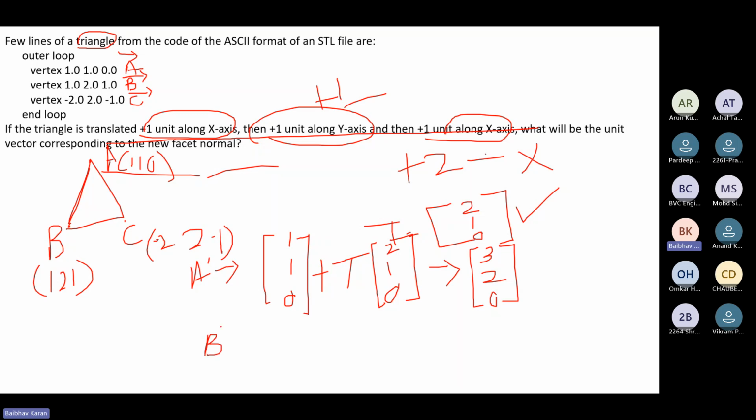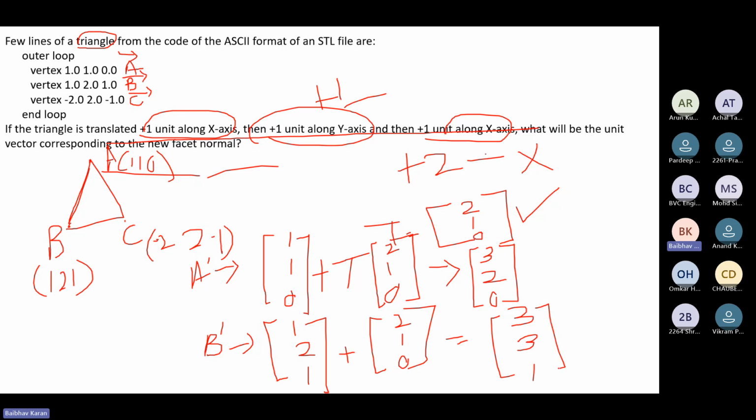Similarly for B, the new point will be B dash. It is 1, 2, 1 plus the translation matrix 2, 1, 0. It will be 3, 3, 1. This is point B dash. What about point C? The new point C dash is -2, 2, -1 plus the translation matrix 2, 1, 0.